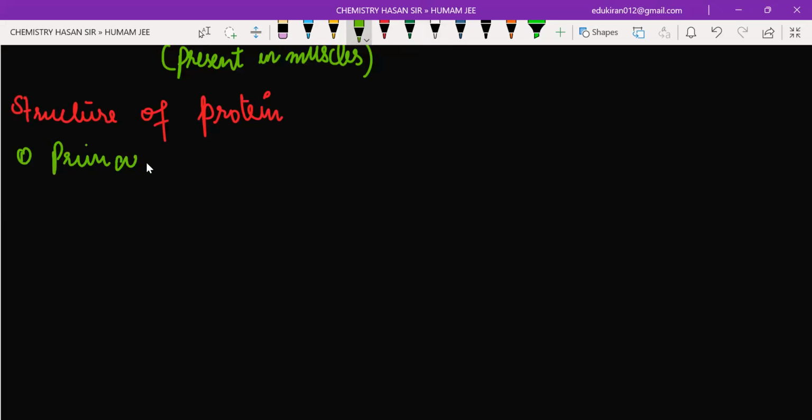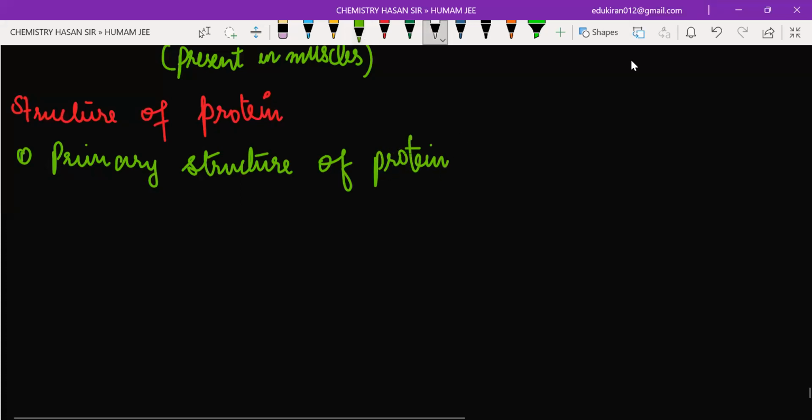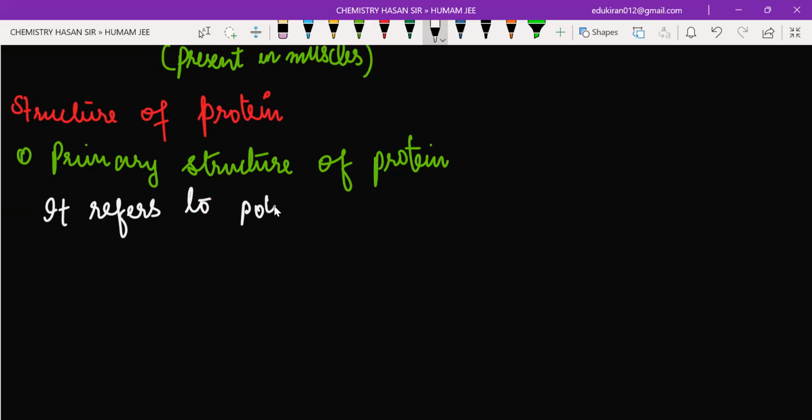Write with me, very simple this is. The primary structure of protein refers to the polypeptide chain.